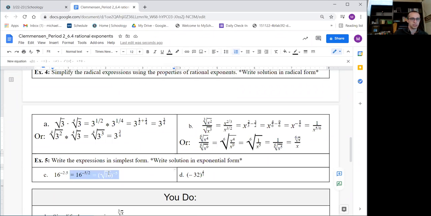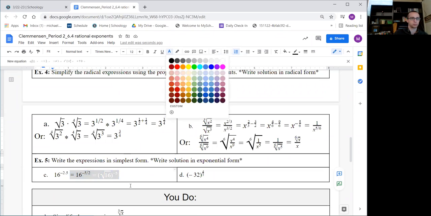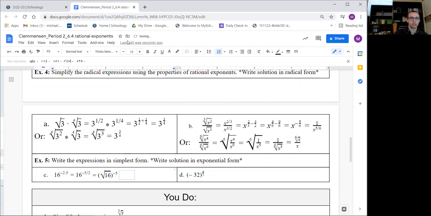And then I'm going to rewrite this as the square root of 16 to the negative 5 power. The reason I can go from here to here is because of this invisible 2 right here. This 2 became my index, just like we've done before. The square root of 16 is a nice number of 4. 4 to the negative 5th power is 1 over 1024.